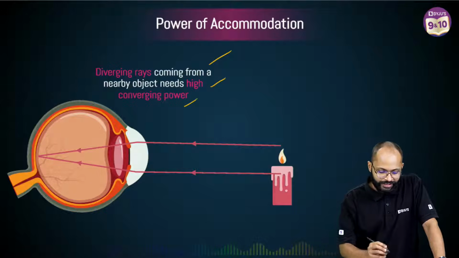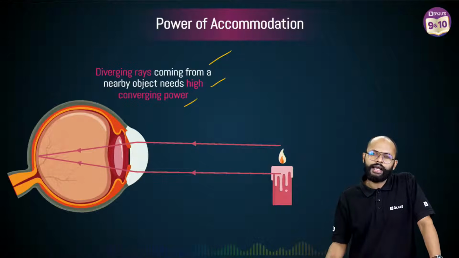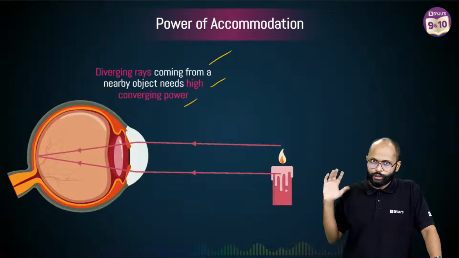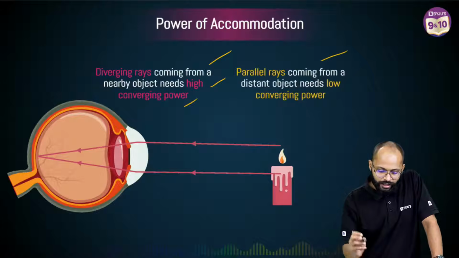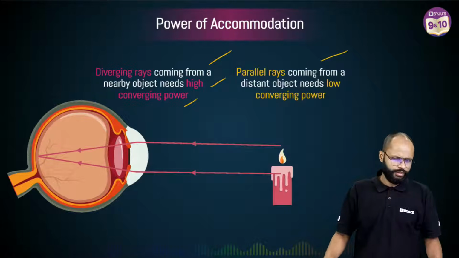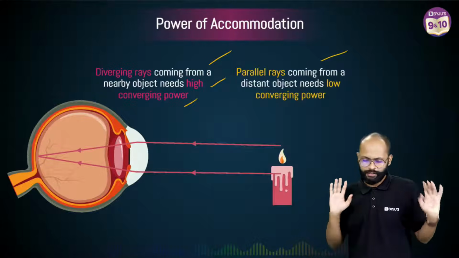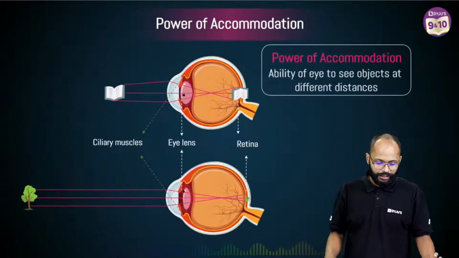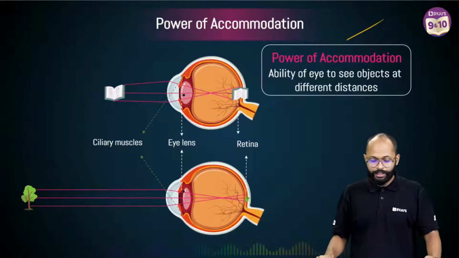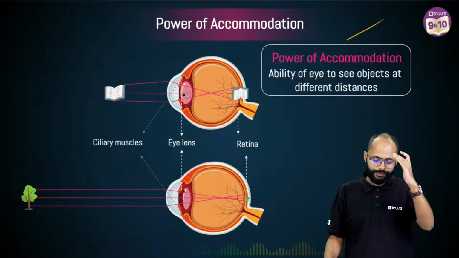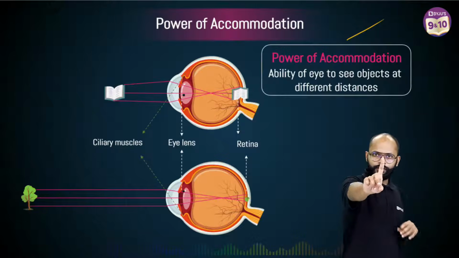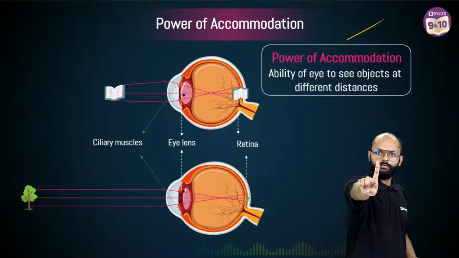So, diverging rays coming from a nearby object need high converging power. I told you just now. Parallel rays coming from a distant object need low converging power, and that's why a thinner lens is fine. Okay, fine. Now, power of accommodation is the ability of the eye to see objects at different distances. Now, you are able to see the finger far also.